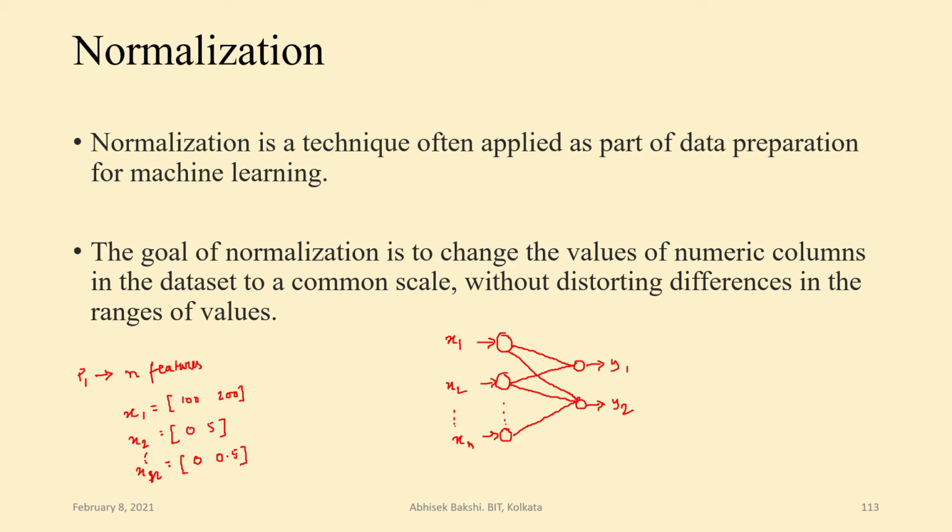Now you see, just take an example of some values in between this range for some pattern. Suppose here the input is say 150, and here the input is 2, and here the input is 0.05, suppose. Okay, it can be.